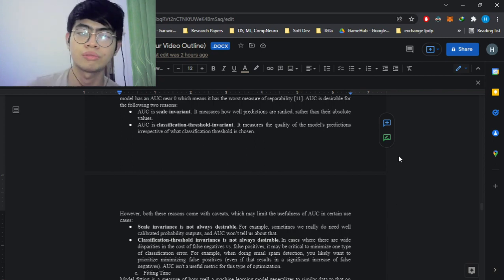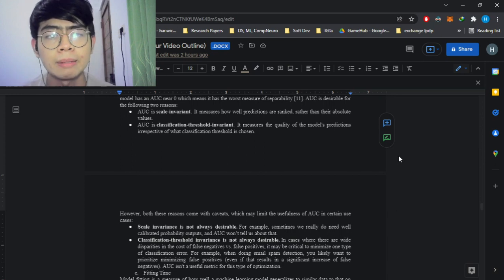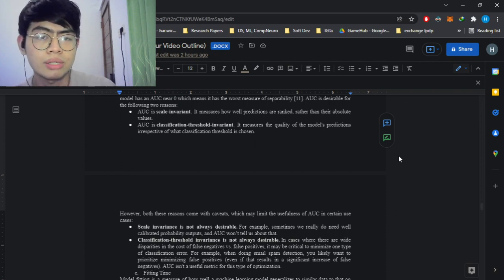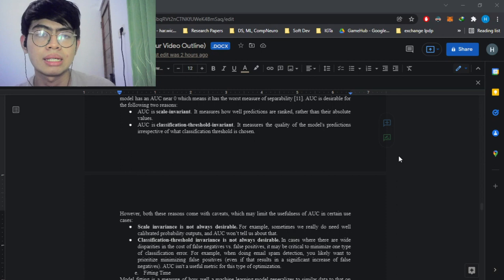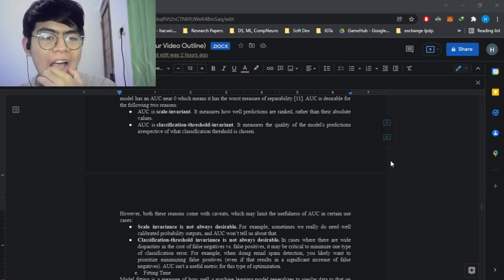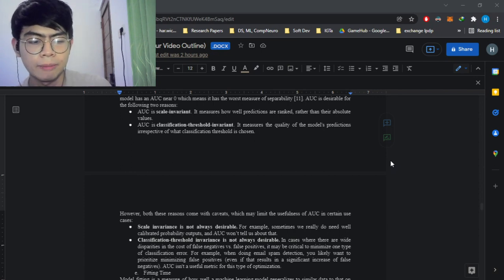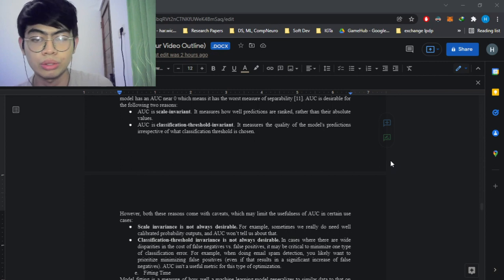So it's actually invariant towards the scale and stuff. And the second reason is that it is actually threshold invariant. Classification threshold invariance means that, for example, because we demonstrated before that it does measure the threshold at every single value out there, right?